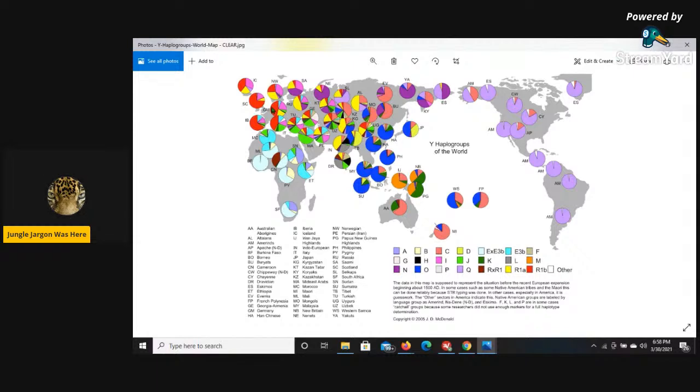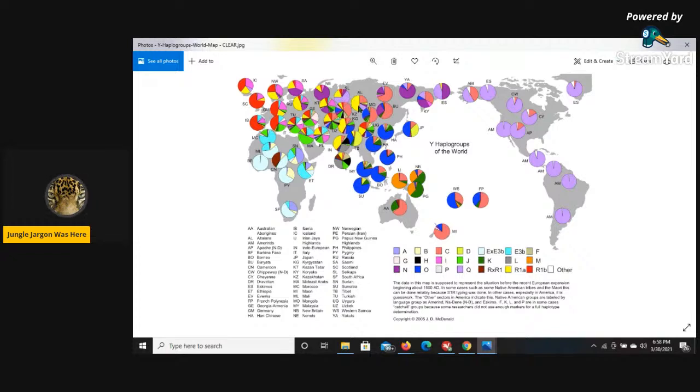Even though the R and the Q belong to the same family, this Q color is a different branch of the same family tree as the R, which is also up in this area here, as you can see. So it's really just a branch off.